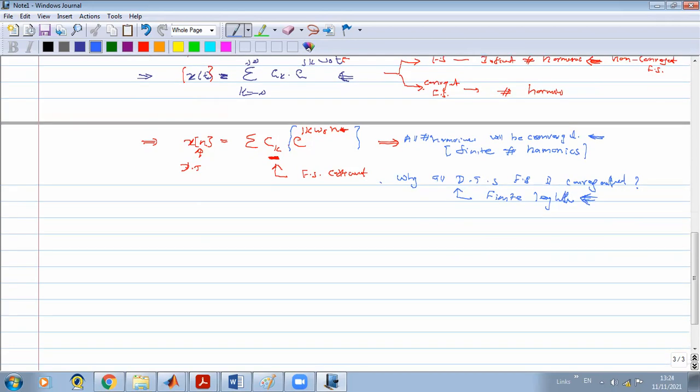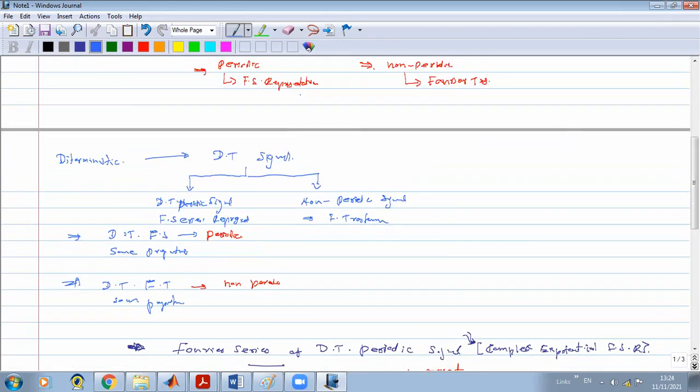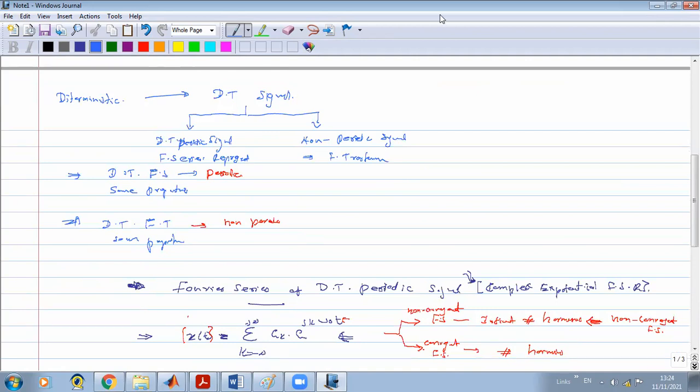I think you can remember that. One thing I forgot to tell you actually. Another important thing, I think I have already stated this in Signals and Systems 1.